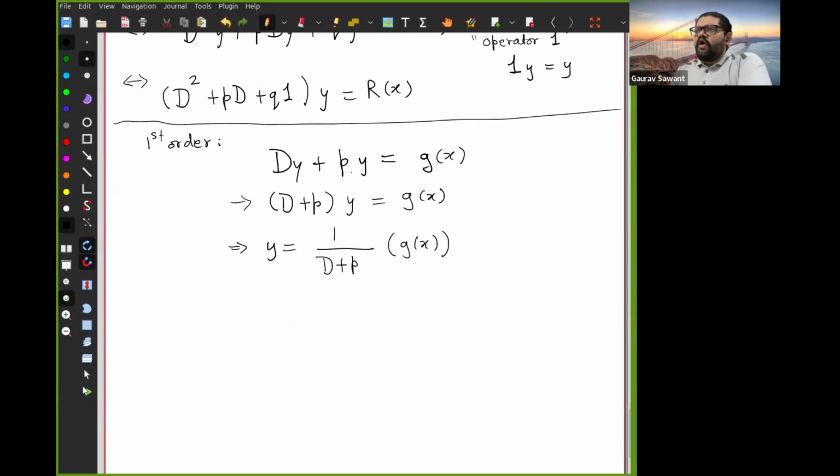But then I also know that this dy plus py equal to gx has a solution of the form y equal to y naught plus e power minus integral of p dx, and there is an integral outside, e power px gx dx, right?